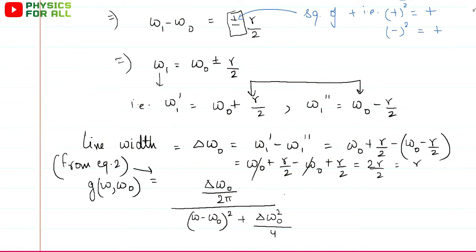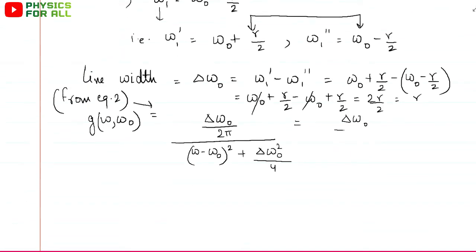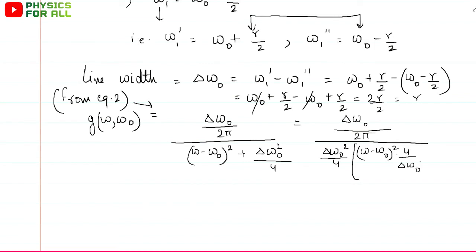Further, what we can do? We can take this quantity common. So delta omega naught upon 2 pi. I'm going to take delta omega naught square by 4 as common. This becomes omega minus omega naught square into 4 upon delta omega naught square plus 1, which further becomes delta omega naught by 2 pi.